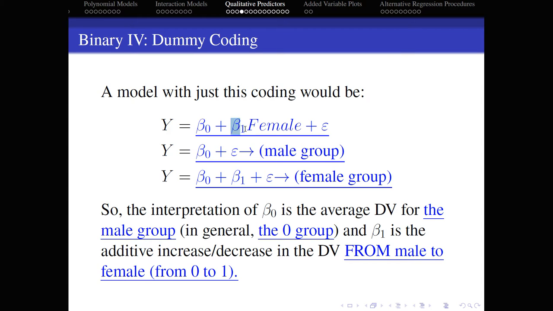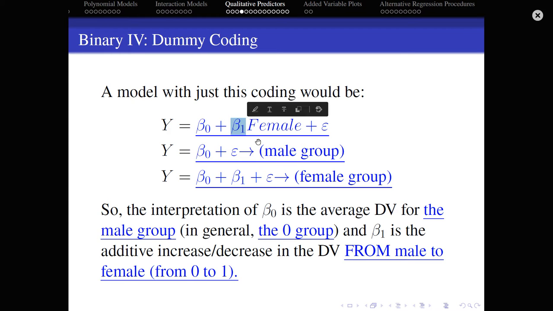So it's important to realize that the test of beta 1 is a test of how much different female is from male. And beta 1 is that value, the size of the difference between female and male in the outcome. Note that this makes the test of beta 1 really convenient because if beta 1 is statistically significantly different than 0, that means that females are statistically significantly different than males.